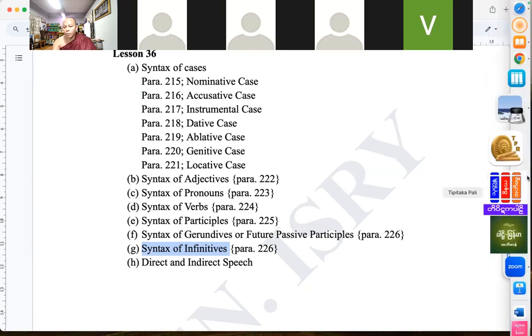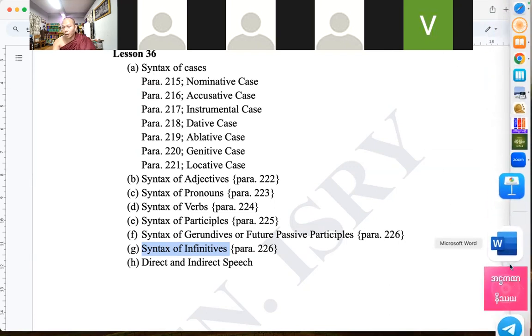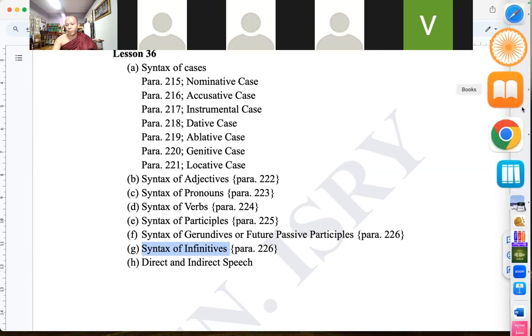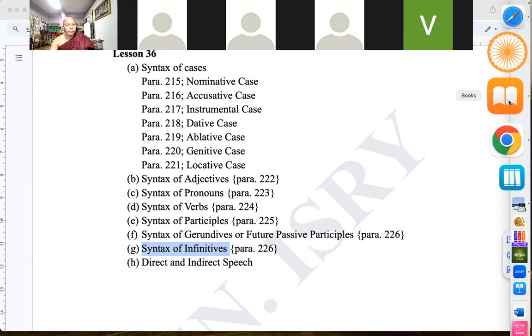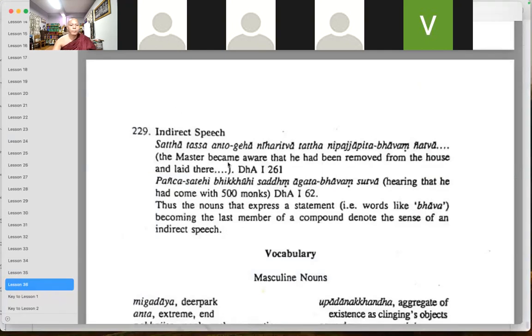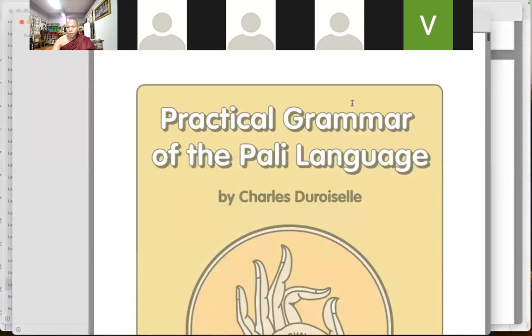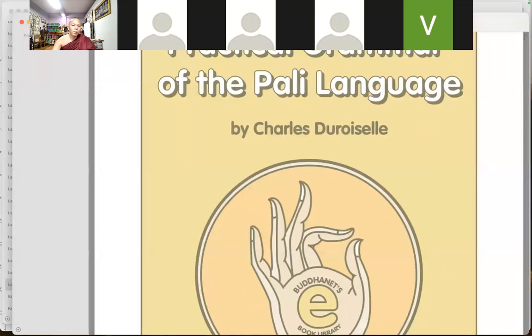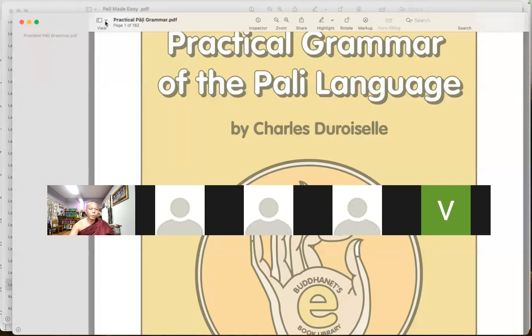That one we should know. Sorry, I forgot to prepare, but we can see it in the book, A Practical Grammar of the Pali Language by Charles Duroiselle. You should read this book also.